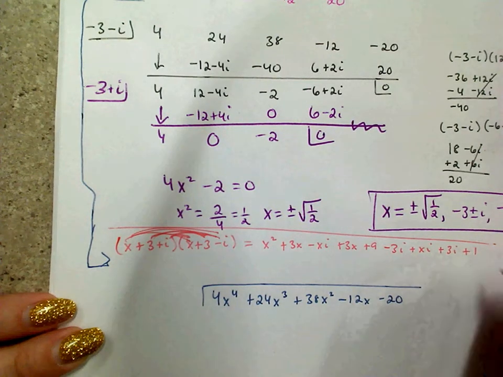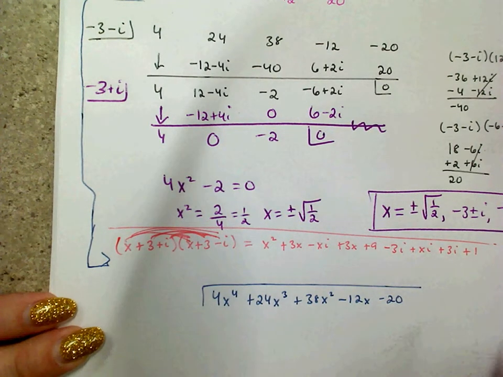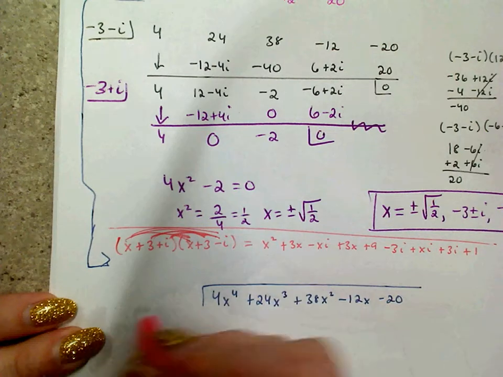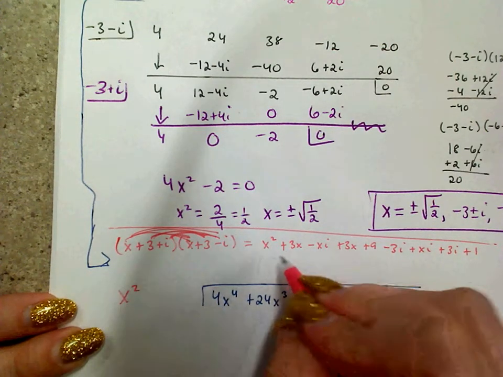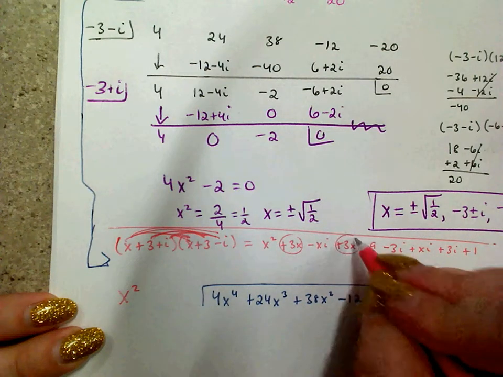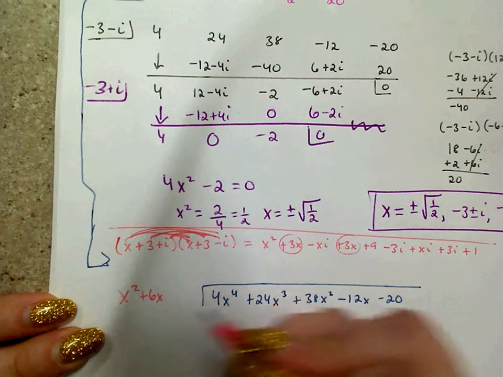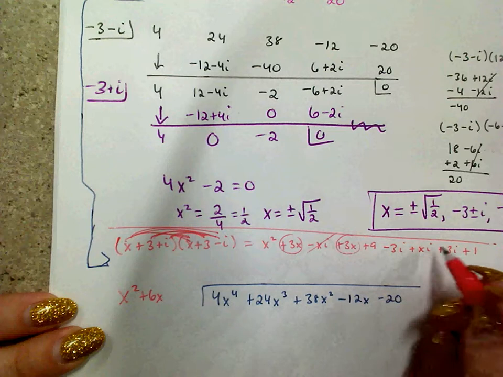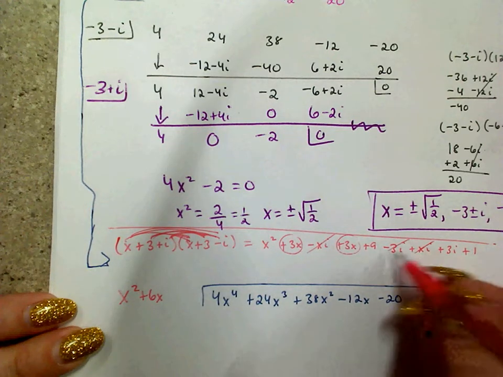So as far as combining the terms, I've got x squared, positive 3x and positive 3x adds up to plus 6x, negative xi and positive xi, negative 3i and positive 3i, 9 plus 1 is 10.